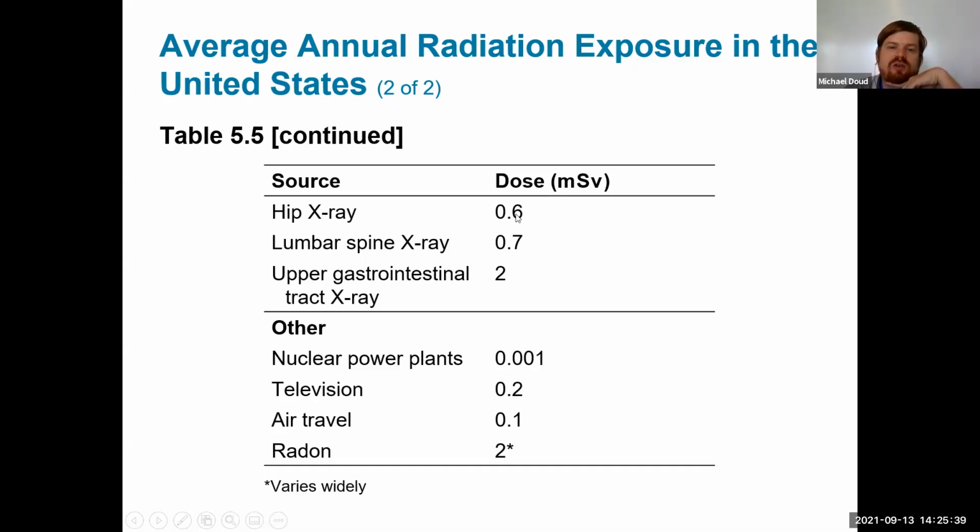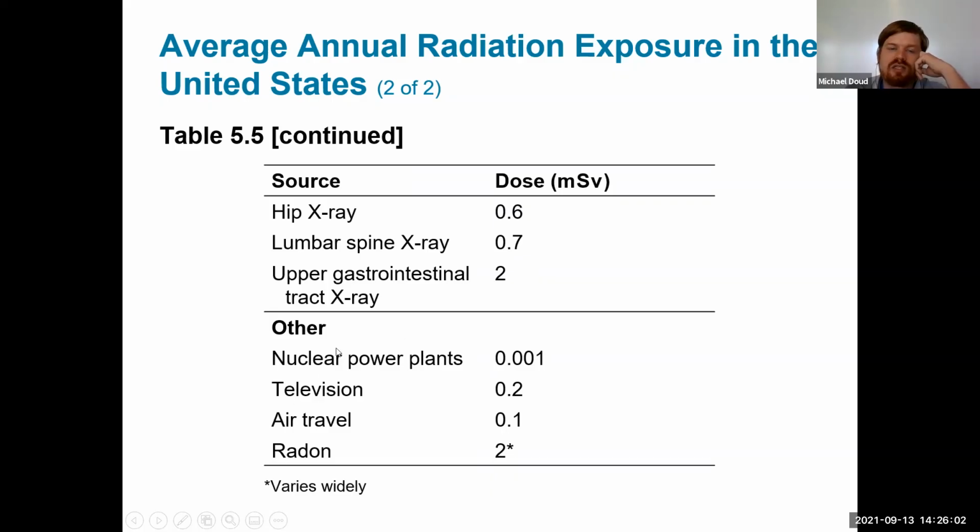So a hip X-ray goes up to 0.6 millisieverts, for the spine, 0.7, and then if you need to take an X-ray of your GI tract, that doses you with 2 millisieverts. And the reason for that is simply you're dosing your very soft tissue in the GI tract with X-rays, which is more sensitive than the other places that we were looking at.